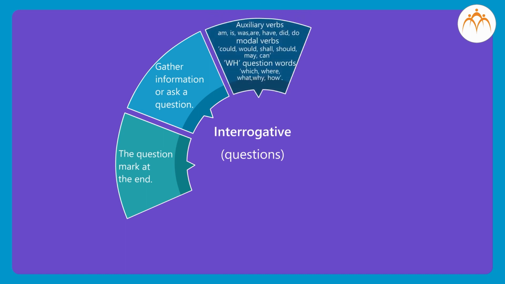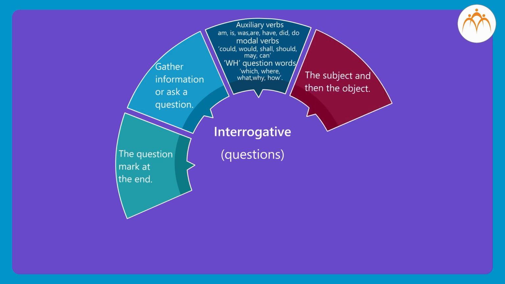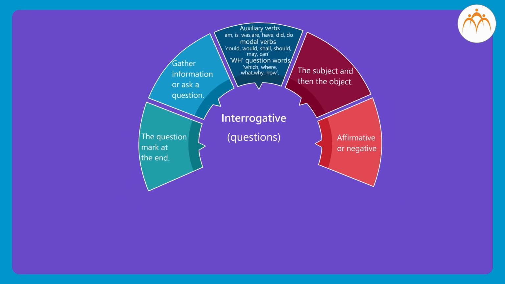These sentences start either with auxiliary verbs such as am, is, was, are, have, did, do, or modal verbs such as could, would, shall, should, may, can, or WH question words such as which, where, what, why, how, etc. The verb is followed by the subject and then the object. It can be affirmative or negative. For example, are you going to the party? Or why are you not ready?